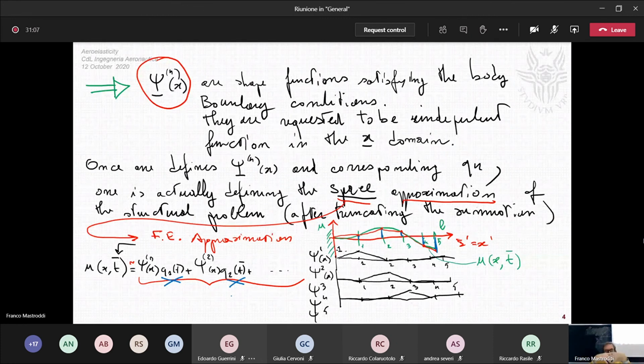In the finite element framework, the Lagrangian variables, if you introduce the shape function this way, are currently representing displacement in this node of the structure. Once we define your shape functions, they are tent or hat functions.